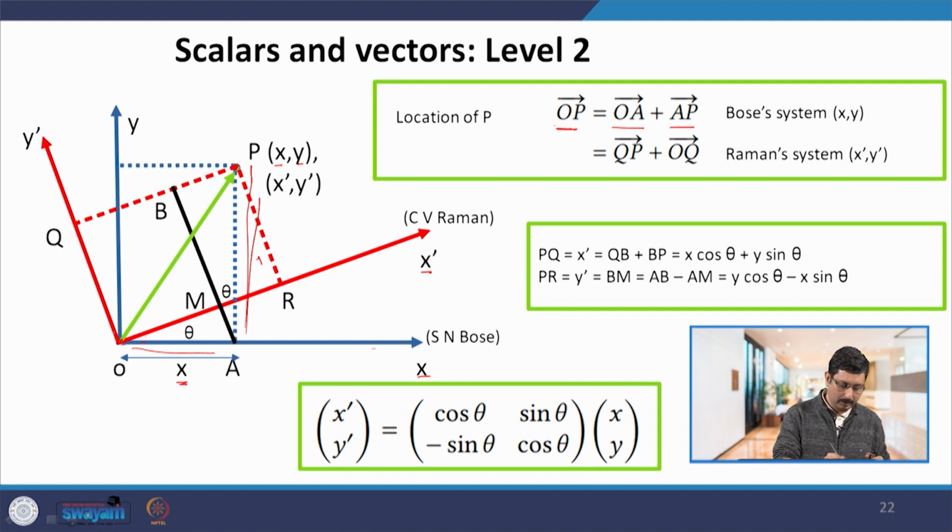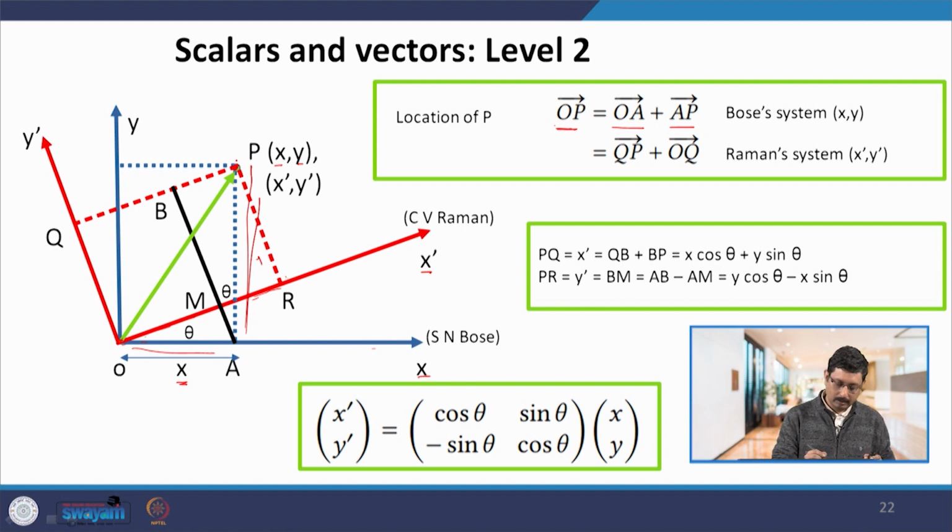And similarly, this is the y axis of Raman's selected coordinate system, the red coordinate system. Now, in the red coordinate system, he will go along the x axis along OR to a point R, and then he will go from R to P in a direction which is parallel to the y axis of the red coordinate system, and he will reach the same point P.